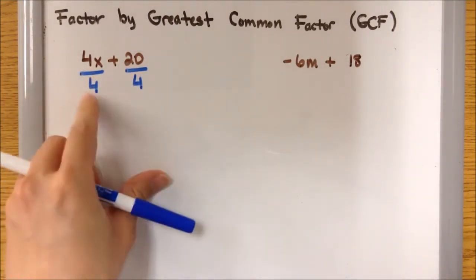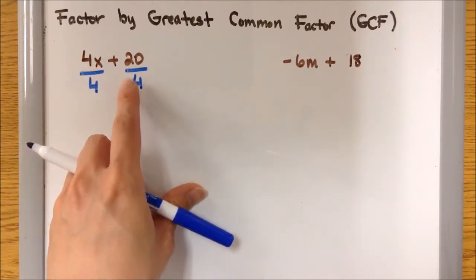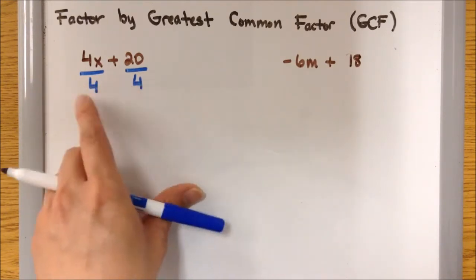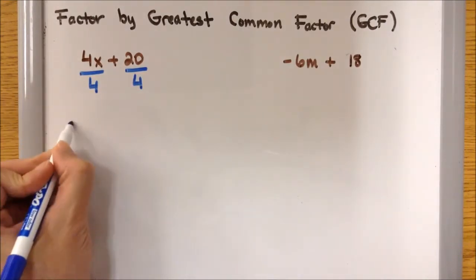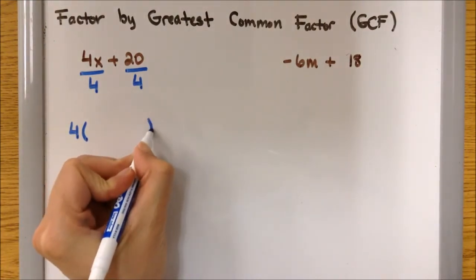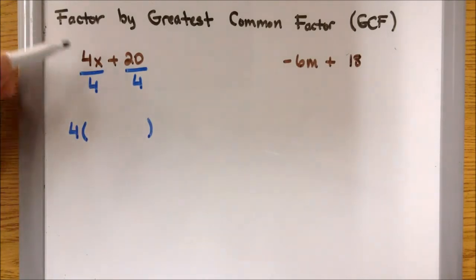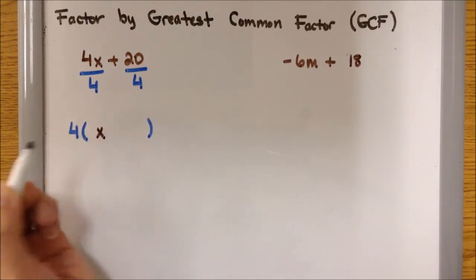The reason I chose 4 is because 4 goes into 4 one time, and 4 goes into 20 five times. So I'm going to divide these two terms by 4. What I'm dividing by goes on the outside, and what I am dividing goes inside the parentheses. 4x divided by 4 is 1x, or simply x.